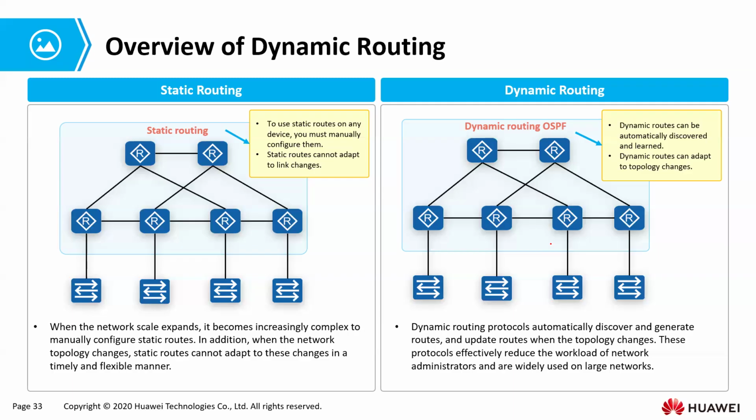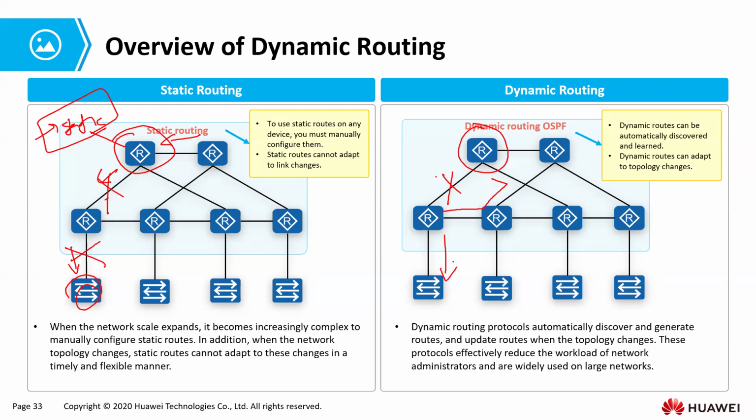Dynamic routes can be automatically discovered and learned. Dynamic routes can adapt to topology changes. So if you put a static route on this router, a static route that leads to this network, and this link goes down, that route remains in the table. The static route remains. That's a problem because every packet that arrives here destined to this network will keep being sent along that static route. When it gets there, it gets dropped. But when we have routing protocols, when this link goes down, the router is updated that the link is down, so it will use another path to get to where you are going. That's the idea.